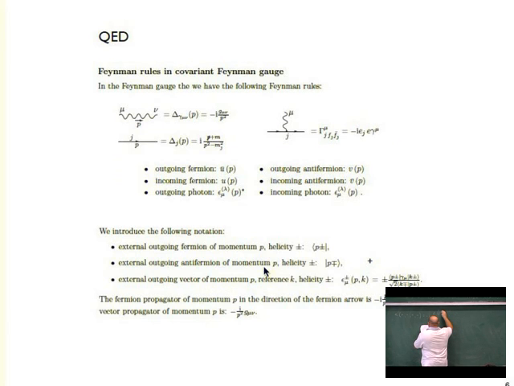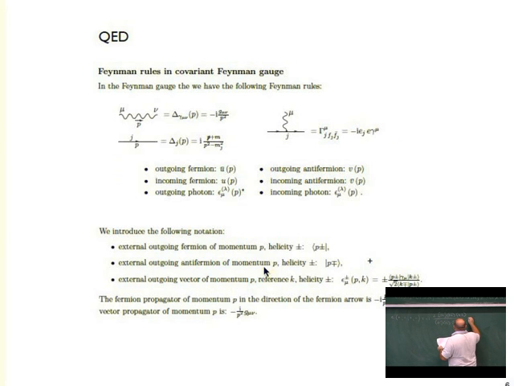Here I replace ⟨1 2⟩[2 4⟩. This was [4 2] and stays here. And the denominator is ⟨1 2⟩[2 1]⟨3 4⟩[4 3].